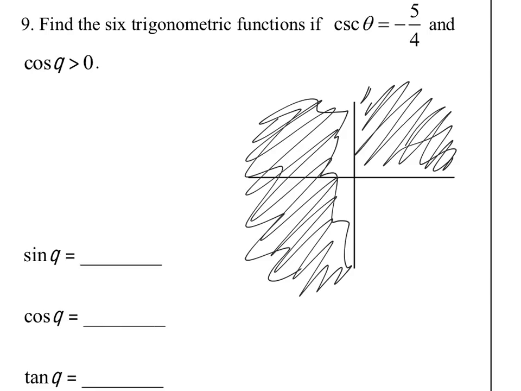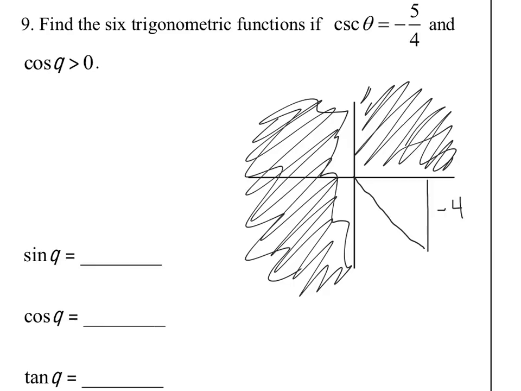Cosecant is the same thing as hypotenuse over opposite. So we know that our hypotenuse is going to be 5, and our side opposite the angle, which is this side right here, will be negative 4.